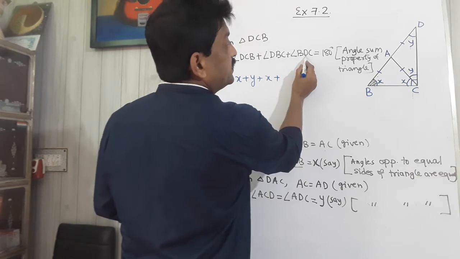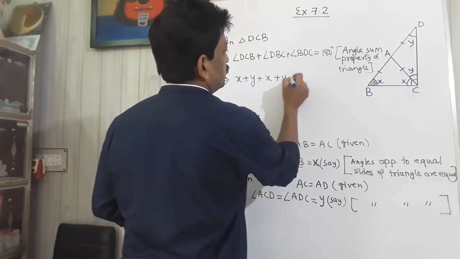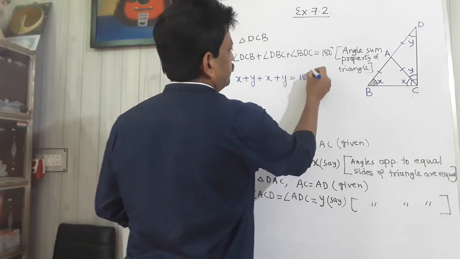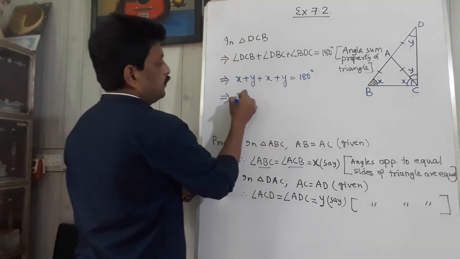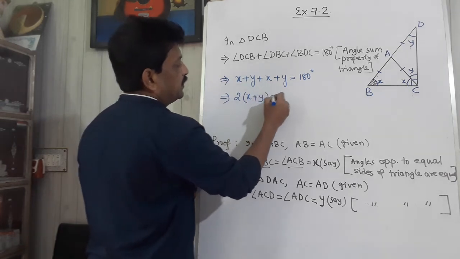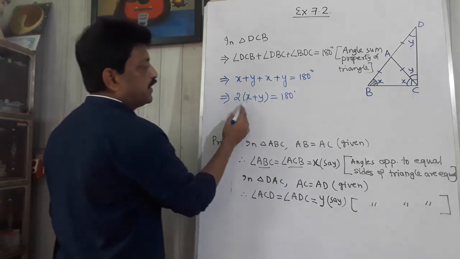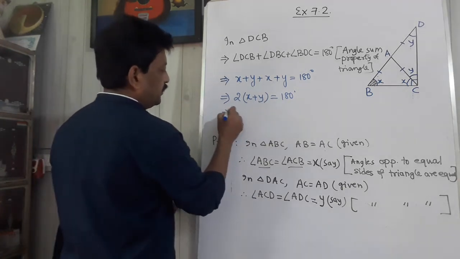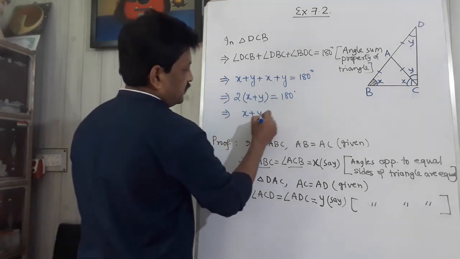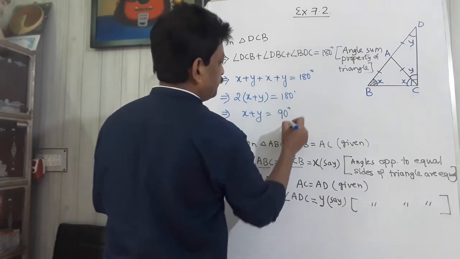And what is BDC? That is y, equals 180 degrees. Therefore 2x plus 2y equals 180 degrees. So x plus y is equal to 180 upon 2, which is 90 degrees.